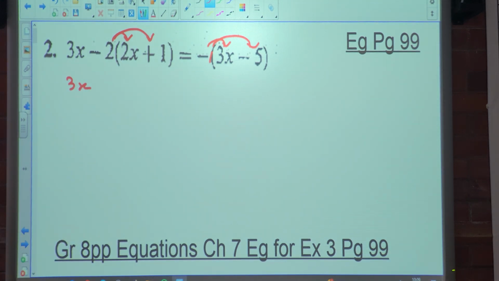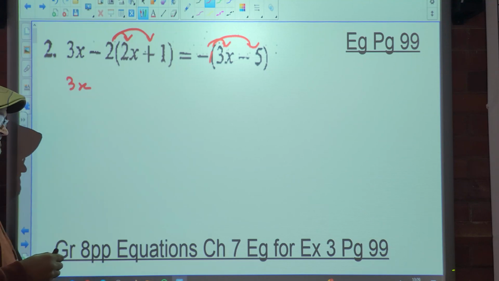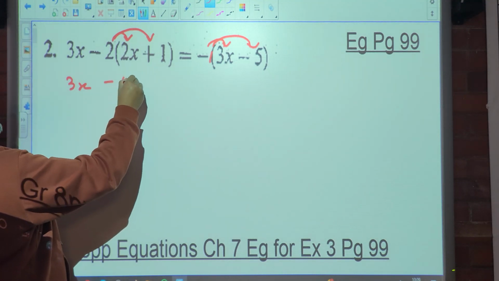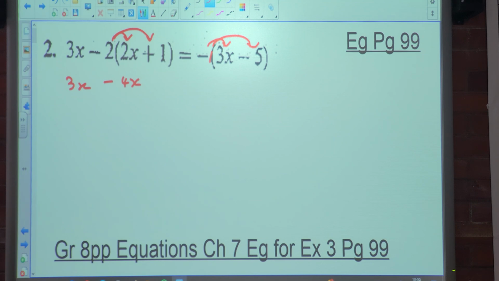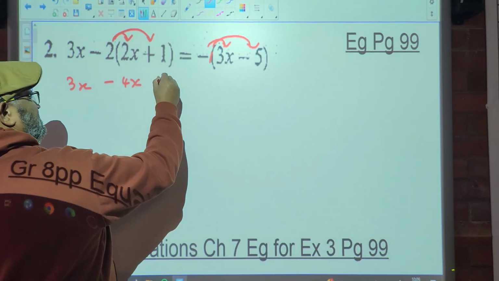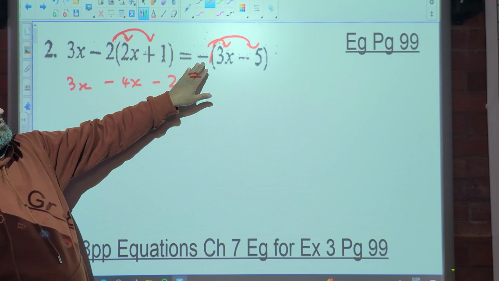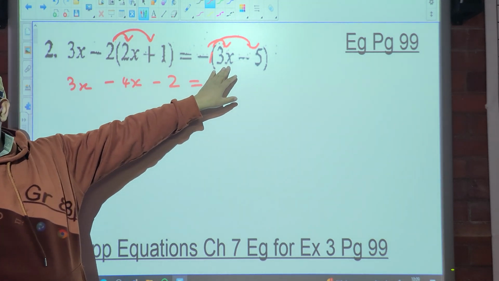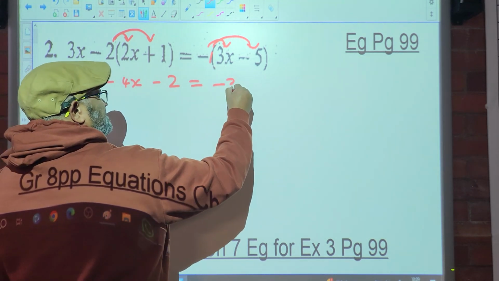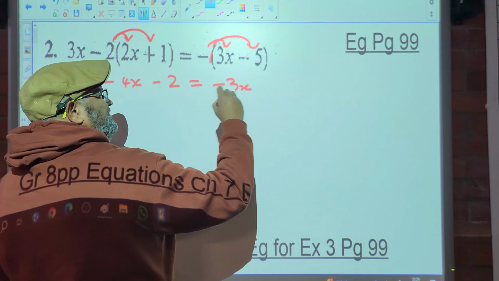Positive or negative? Negative 4x. You must remember to say the sign as well if it's negative. Negative 2 times 1? Negative 2, Michael. What's negative 1 times 3x? Negative 3x. What's negative 1 times negative 5?